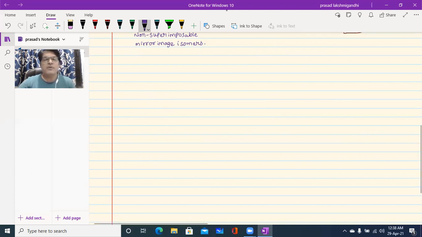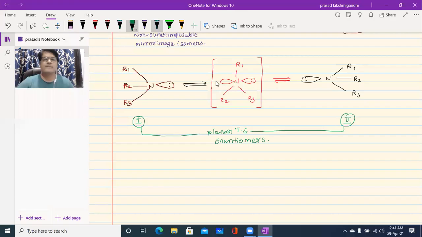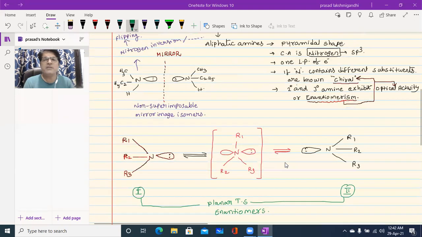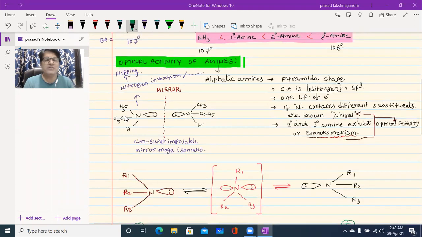So before drawing the structure, I am going to pause the video once, and after that I will be back. Okay, so let us see. These structures I have drawn over here. These are the previous structures only. See this one, the first one and the second one. What about this one?